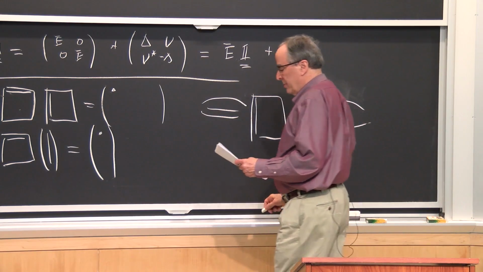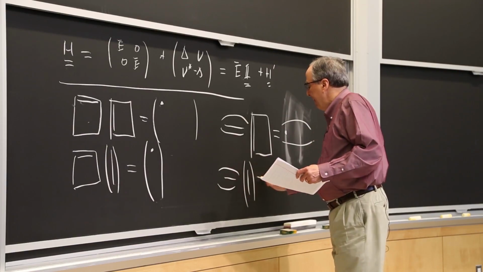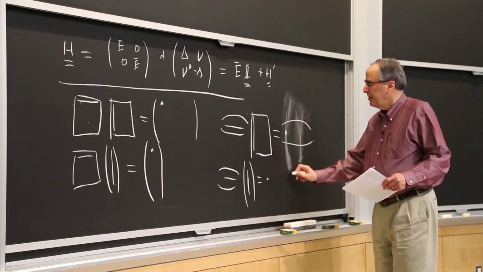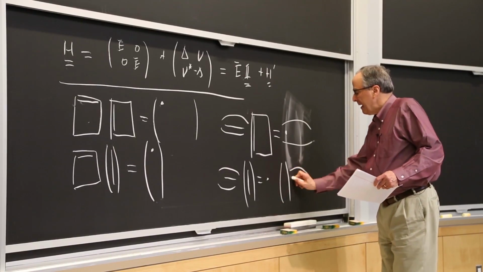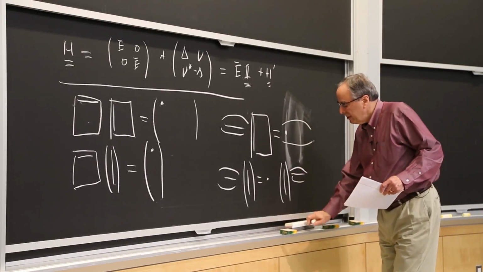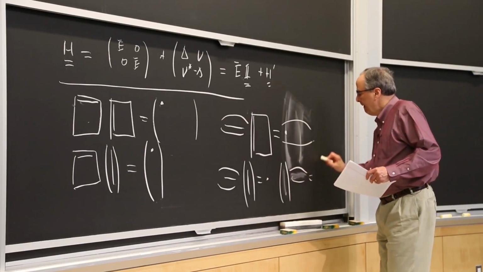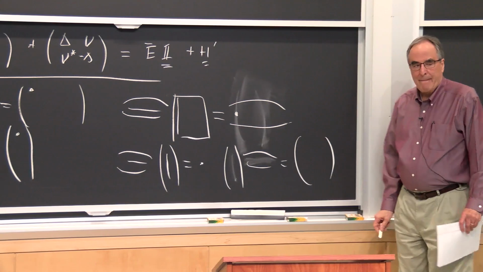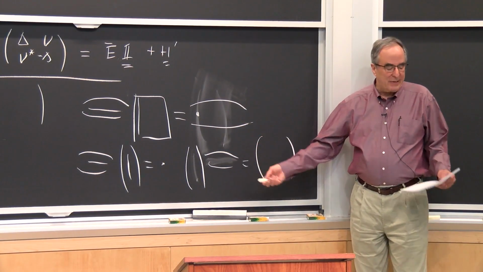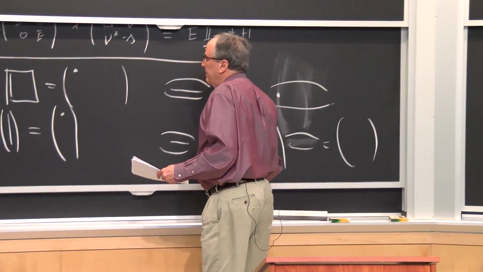And of course, you can do this times that. You get a number. And you can also do it the other way around. You can do this times that. And you get a square matrix. So those are the things that you have to practice, and it becomes second nature very quickly.